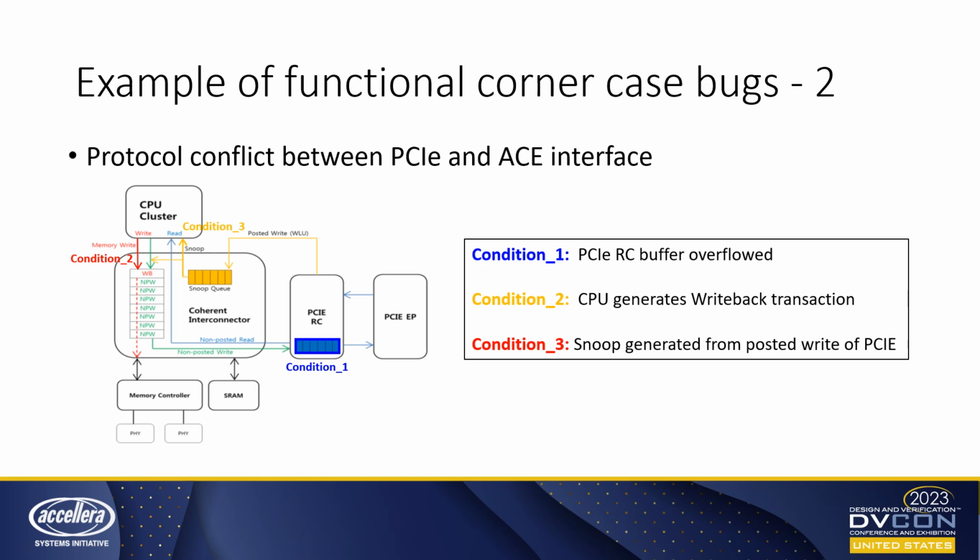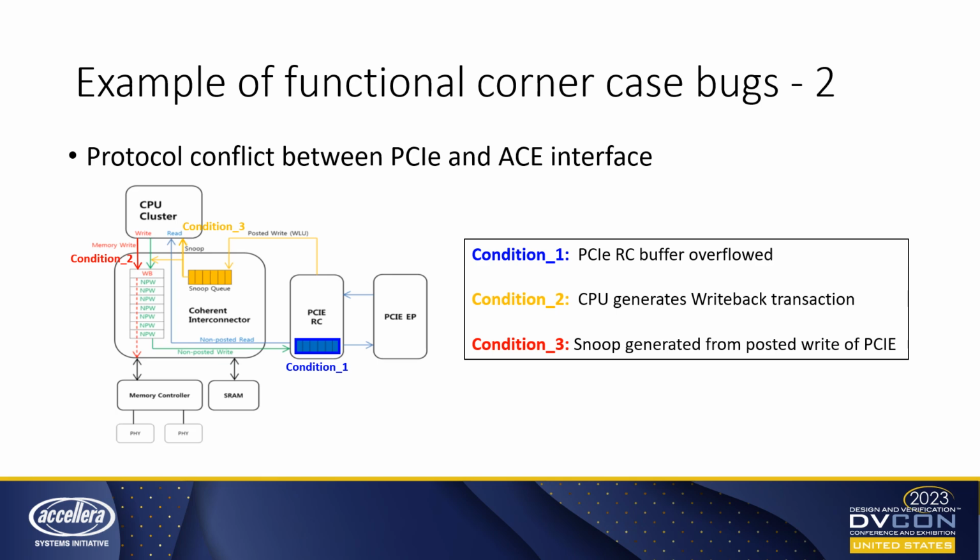When the PCIe RC buffer has overflowed, its read and write channels will be blocked and stalled. In this situation, in condition 2, the CPU will generate write-back transactions. These write-back transactions cannot issue from outside the cluster.